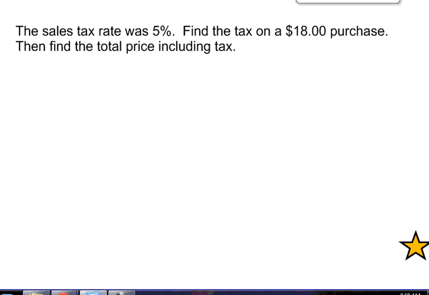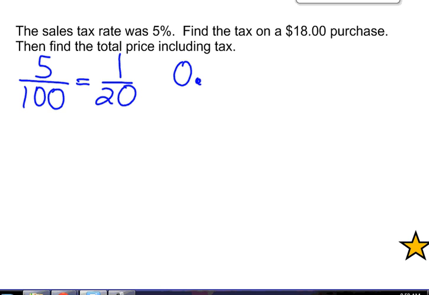So first thing, I'm going to take 5 over 100. That's going to give me a fraction of 1/20th. Or I can take this 5% and turn it into a decimal, which is going to be 5 100ths, which looks like this.